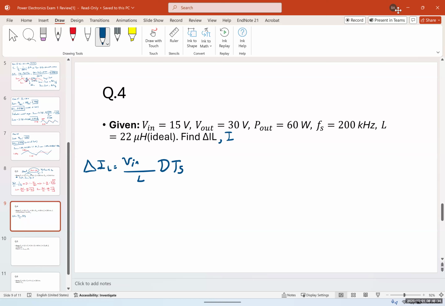You can also find the peak current for the inductor.